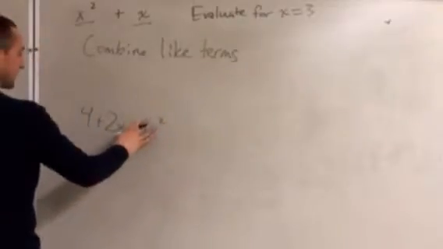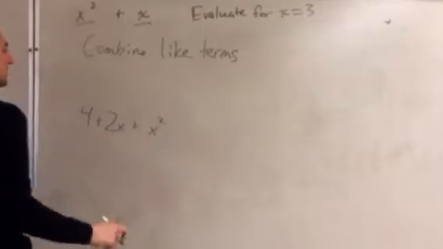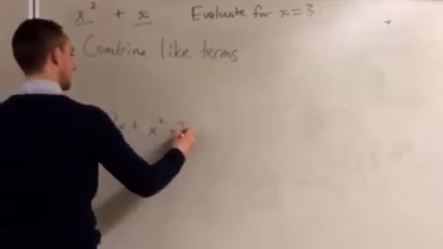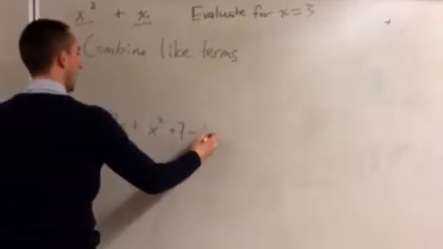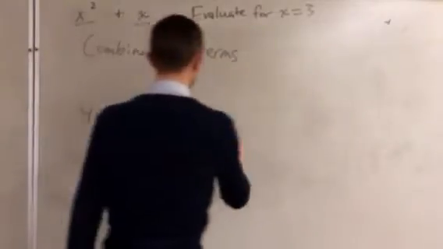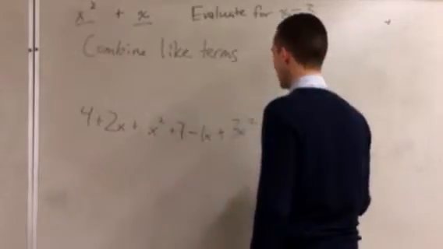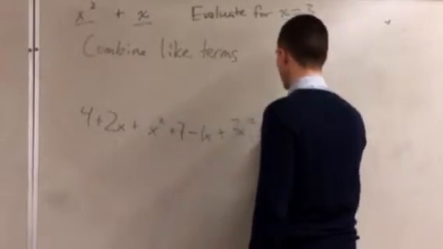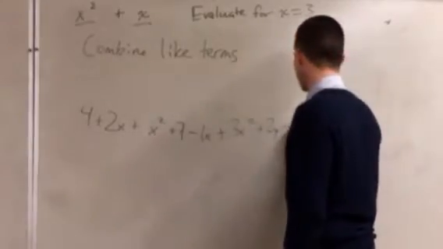That would just be x squared, because naked x squared is the same as 1x squared. Plus 7 minus 1x plus 3x squared plus 2y minus 3.